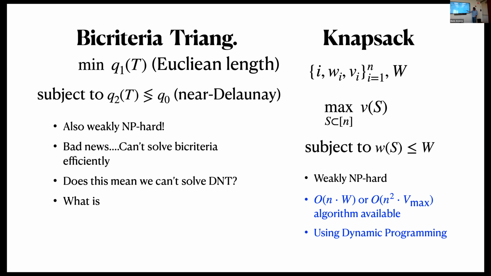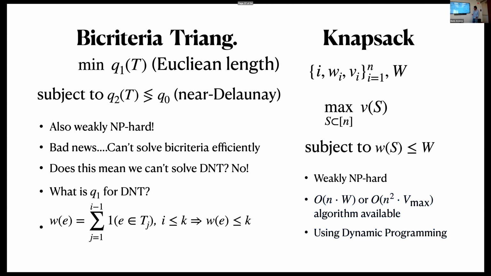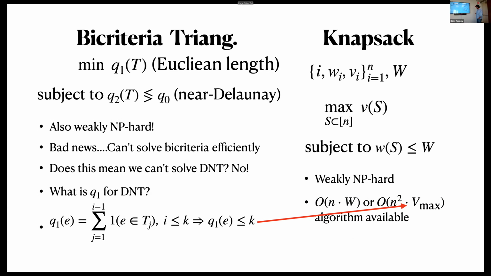Okay, yeah, so I did mention it here. Weight is at most k. And so basically I will get something like an n squared k algorithm, because the largest value I will ever encounter if I'm solving bi-criteria inside my diverse triangulation problem will be at most k.